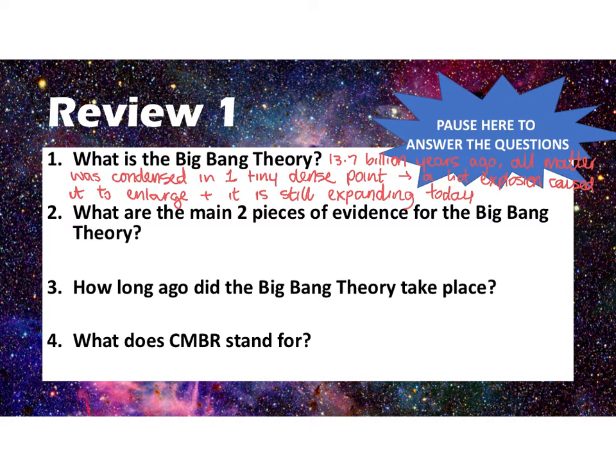Okay? So question 2, what are the main 2 pieces of evidence for the Big Bang Theory? So we said the first one was all other galaxies are moving away from us.